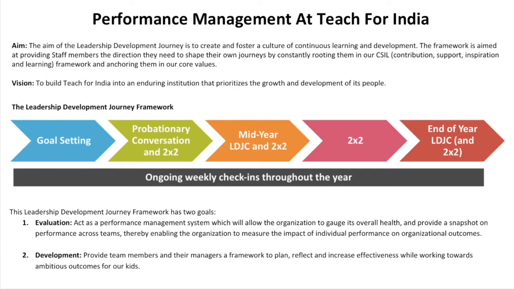For those of you who joined this year, you might have had a probationary conversation, a 2x2. Some teams do a mini LDJC of sorts earlier in the year. And very importantly, it ideally is building on all those ongoing weekly check ins that you've been having with your manager, right? So that's kind of where we are in terms of where this fits into the larger framework.